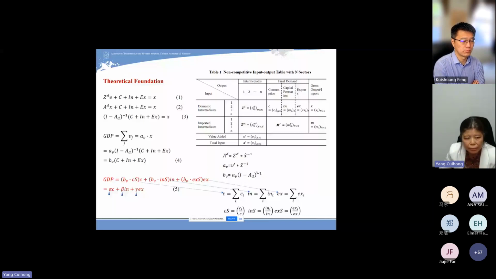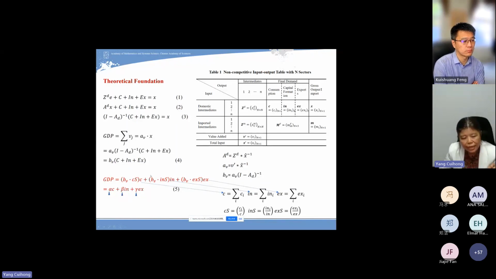So this is the GDP, and when we define this, this is the total value added coefficient, and this is the final demand: consumption, capital formation, and exports.